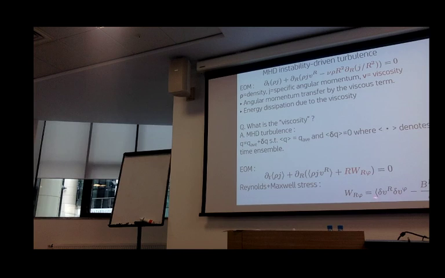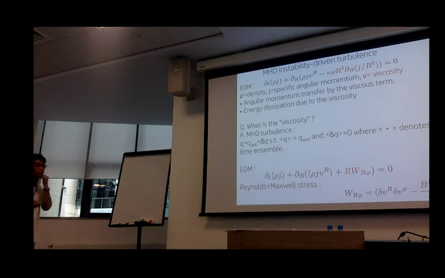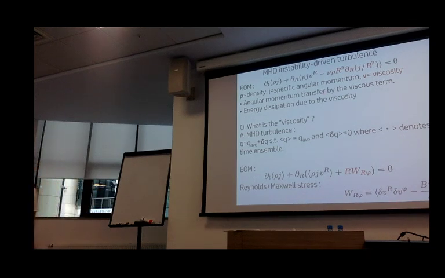This term is the sum of the Reynolds and Maxwell stress terms. If the correlation between the velocity fluctuations is positive, this term works as a viscosity term. The same is true for the Maxwell stress. This is why we need MHD turbulence.